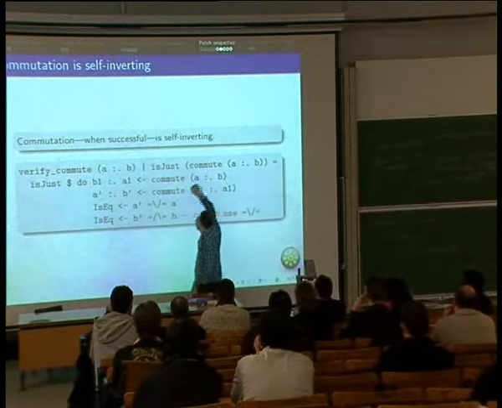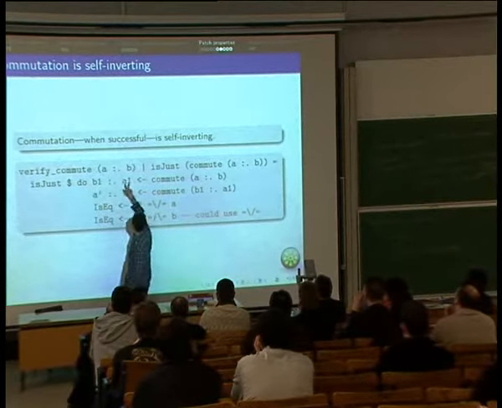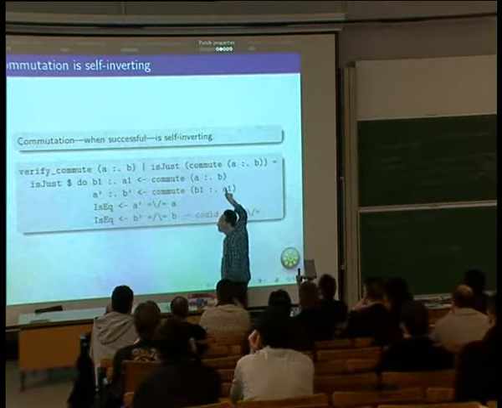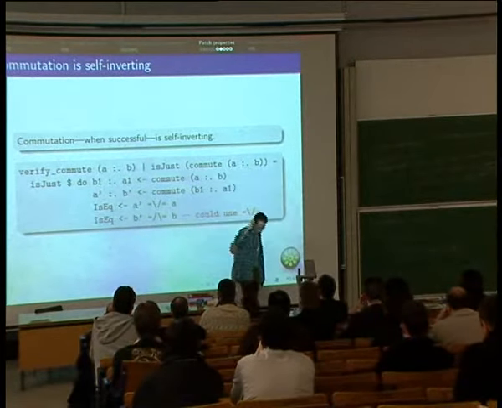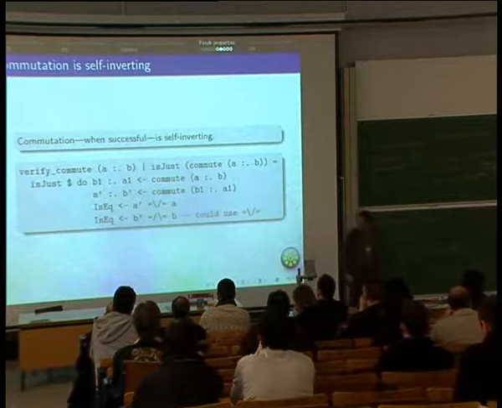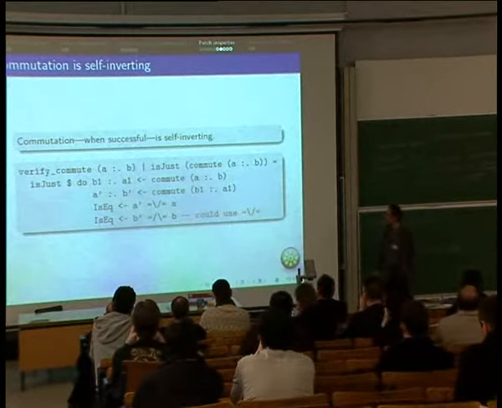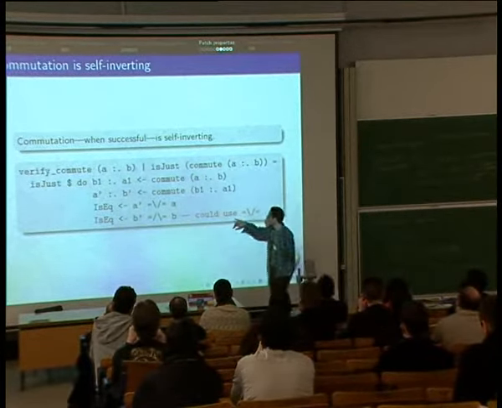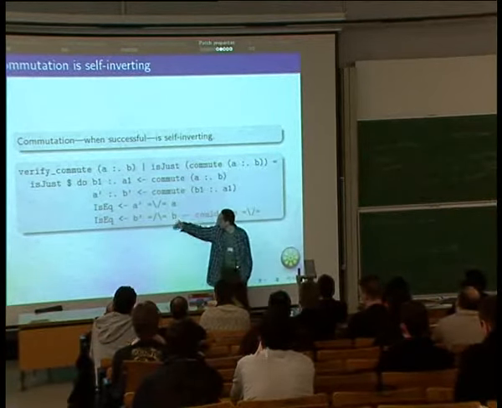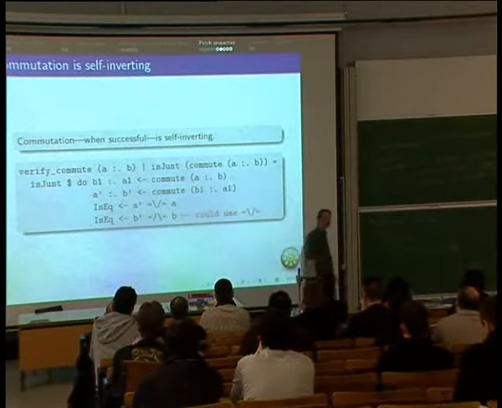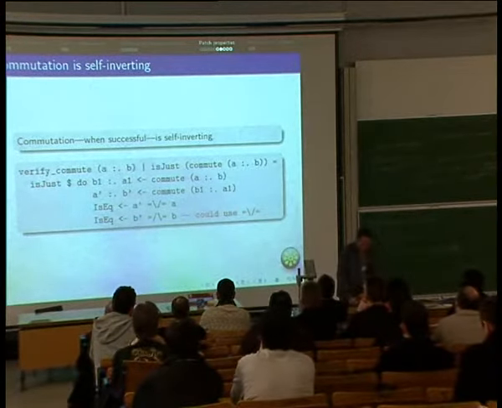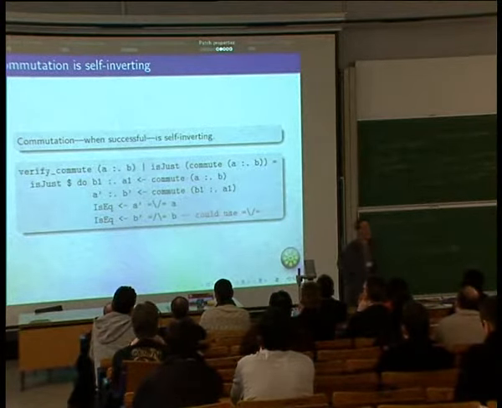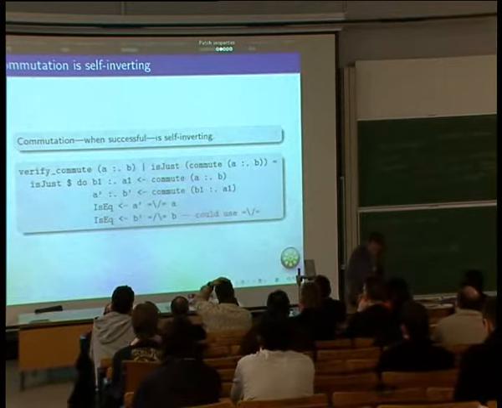And then you just say, you commute A and B, you get B1A1, you commute B1A1, you get AB, and then you check that they're both equal. And in the second case, we could actually use either version of equality because we know that they both have the same starting and ending states. This is just an example of what the code looks like when you deal with these nice, well, to me it looks nice. To non-Haskellers, maybe it doesn't look nice.